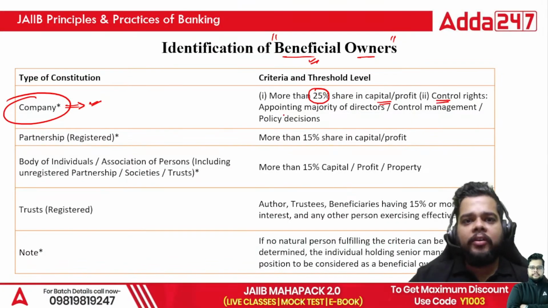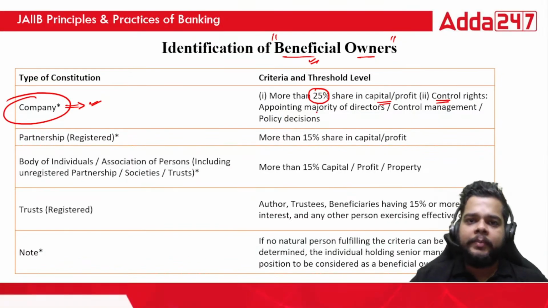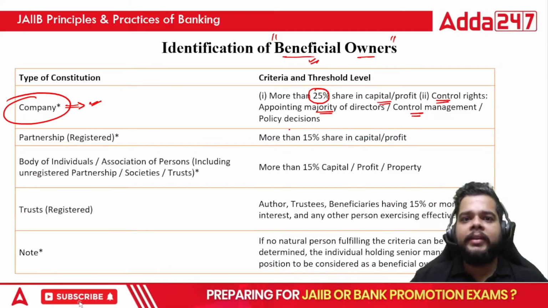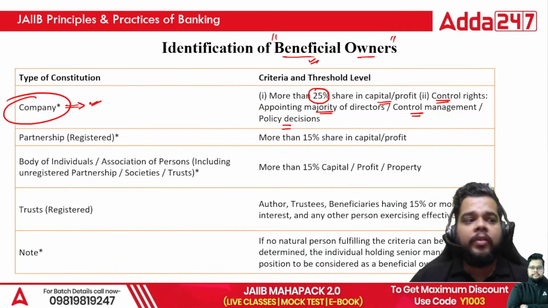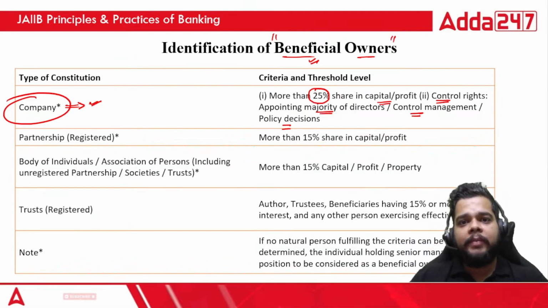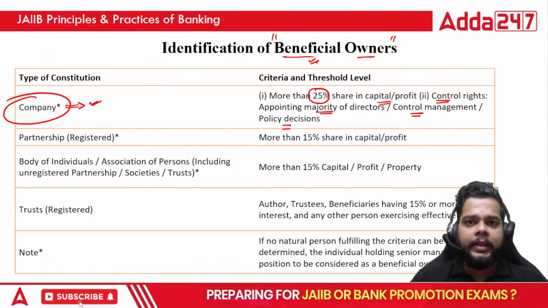Controlling rights: if appointing the majority of directors, control of management, or policy decisions is being taken by a particular individual or an entity, then we will also say that yes, that particular entity or individual will be the beneficial owner.